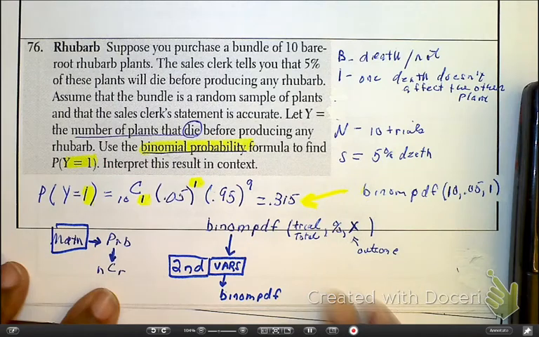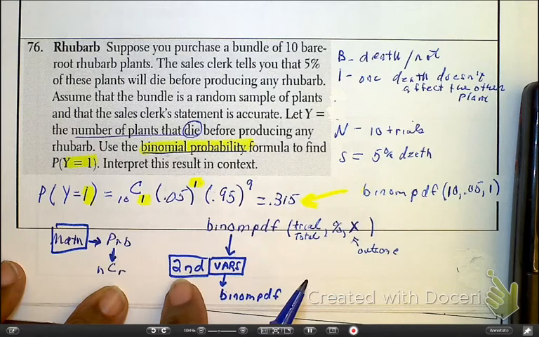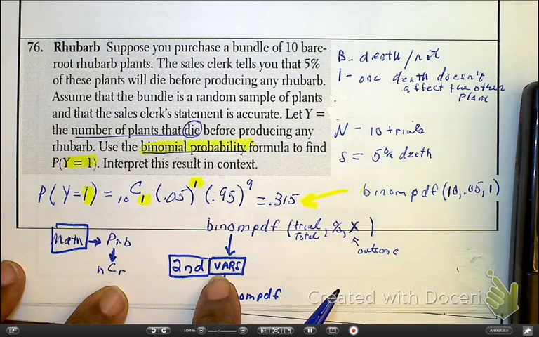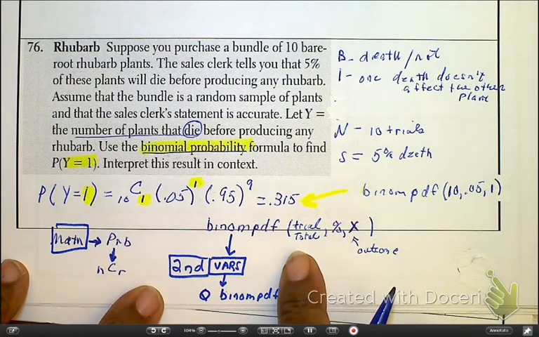Okay, so in order to find binom PDF, we go over to second vars, the button, then we scroll down or up to binom PDF, which in my 83 is number 0. And we press that in. Here, notice what you're putting in there.